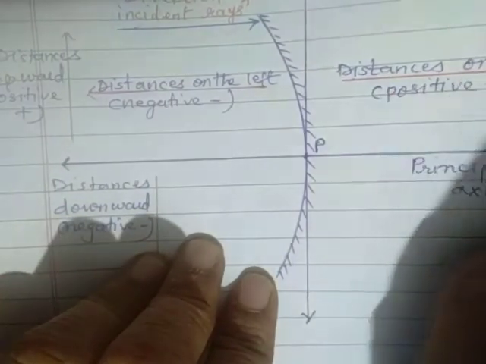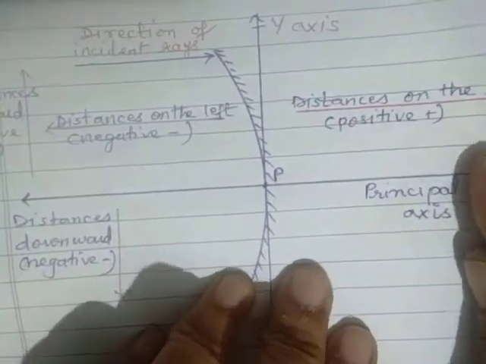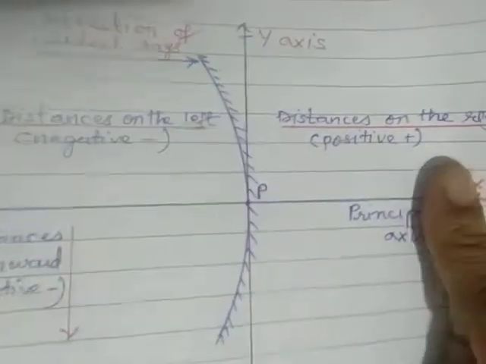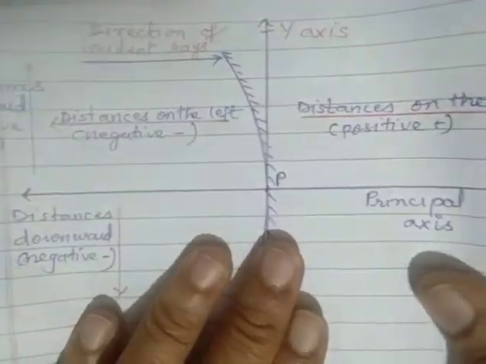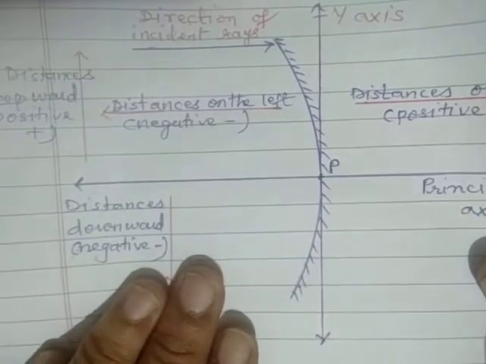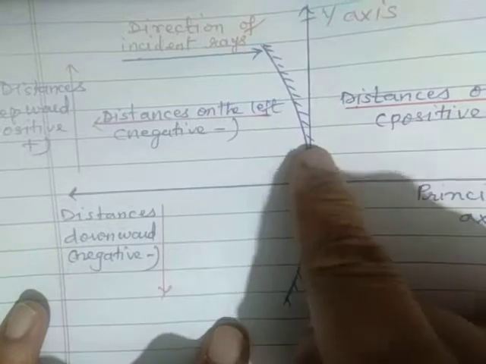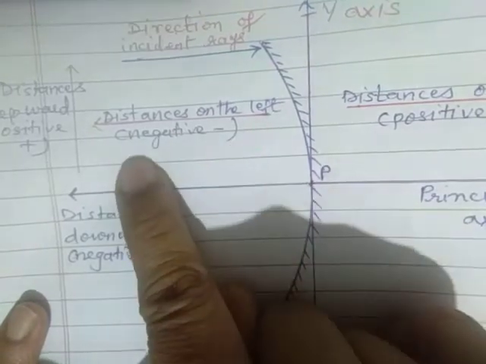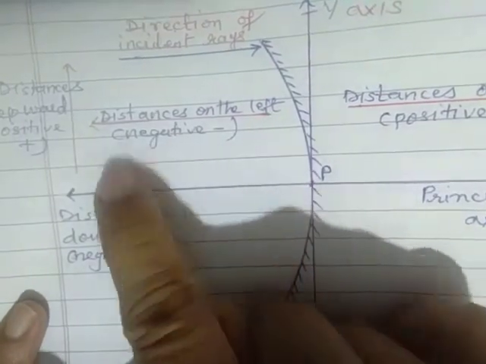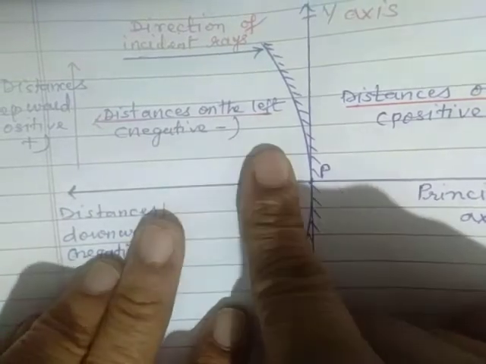Okay, so distances on the right are taken as positive distances. Fine. Whereas the distances measured on the left hand side of the x-axis are taken with a negative sign.